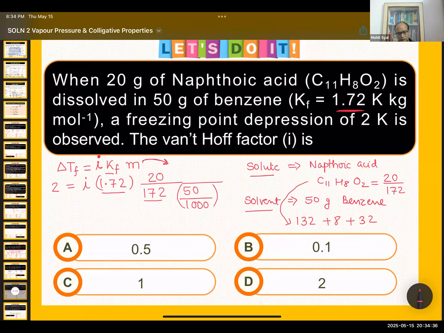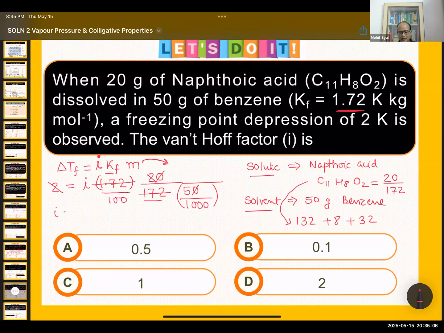So let's simplify it. This 0 is going to get cancelled. This 2 is going to get cancelled. This 1.72 and 172 will get cancelled, and I should write 100. 172 by 100, and 172 got cancelled.